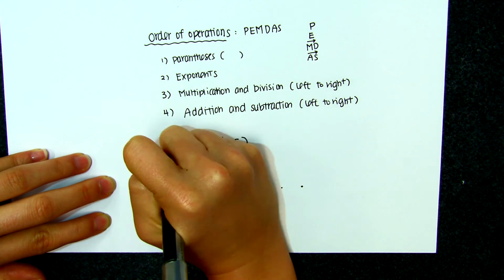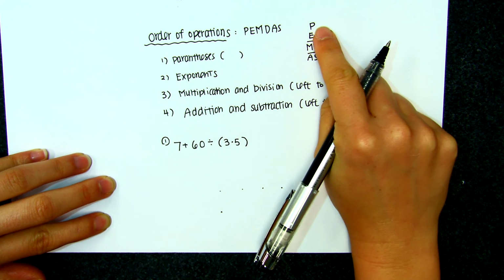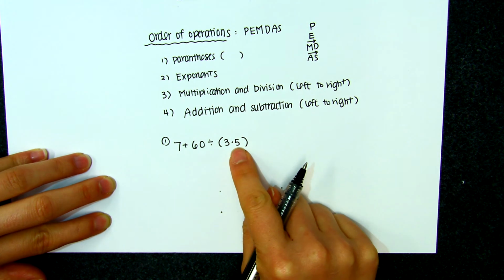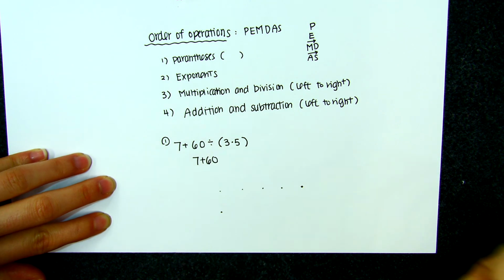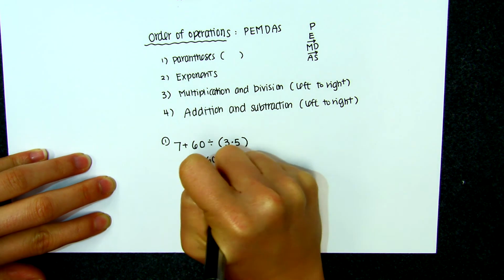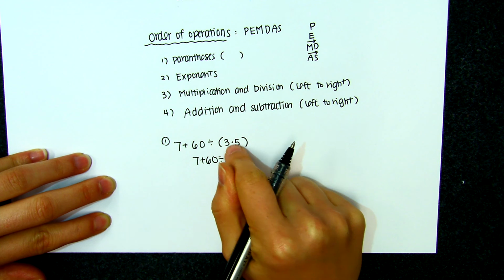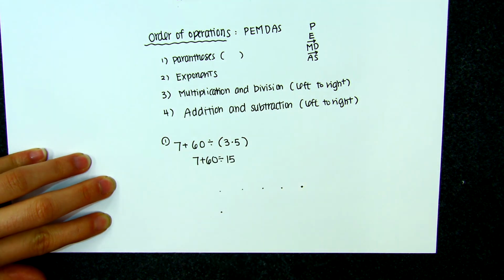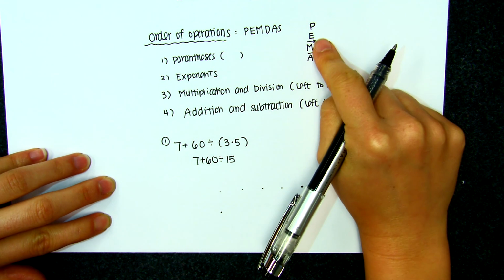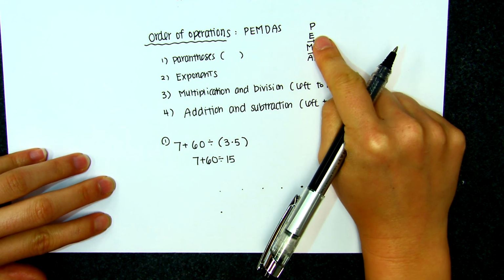When you look at this, you need to follow parentheses first. So 7 plus 60, just bring it straight down because I'm not doing anything yet, divided by 3 multiplied by 5, that dot means multiply, is 15. I'm done with parentheses. Now I'm going to see if there are exponents. There are no exponents.